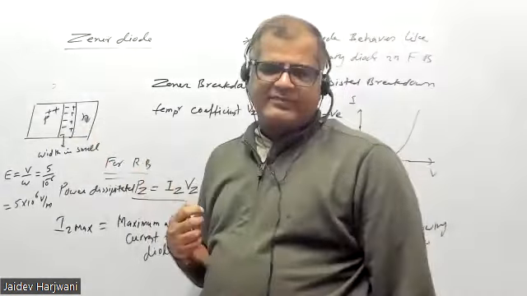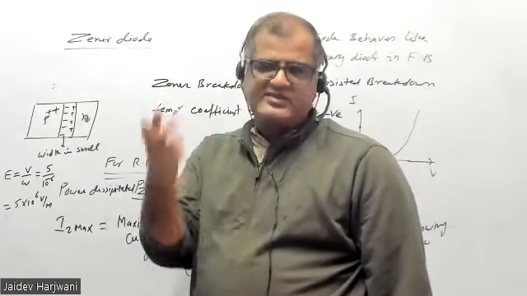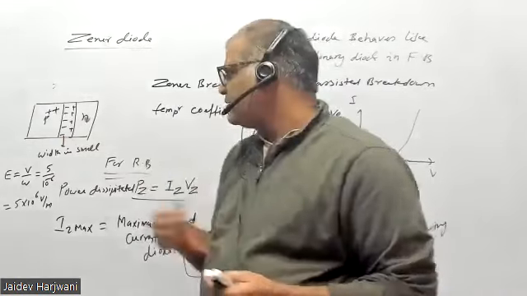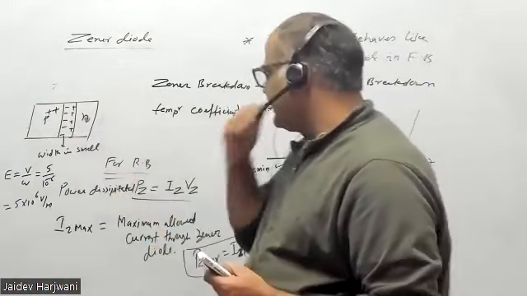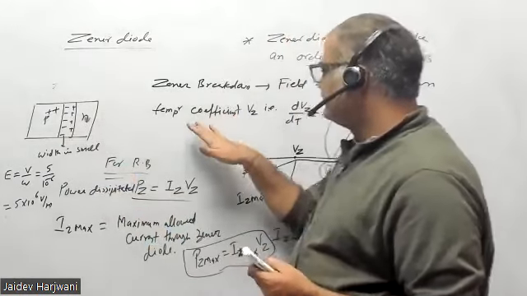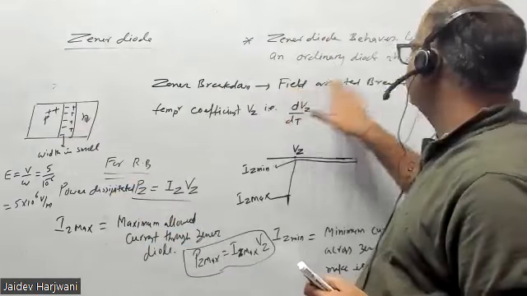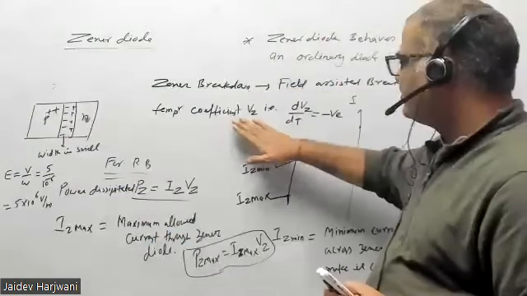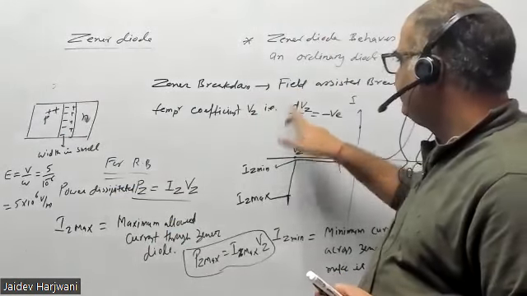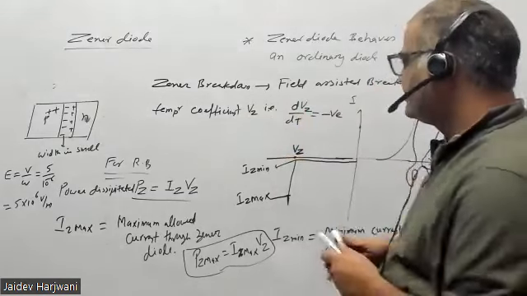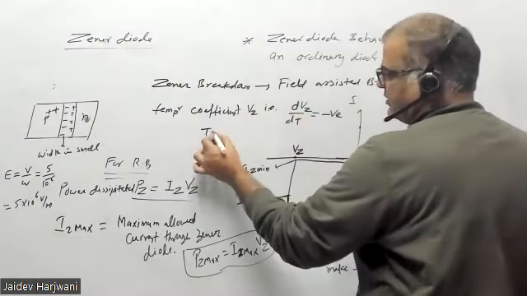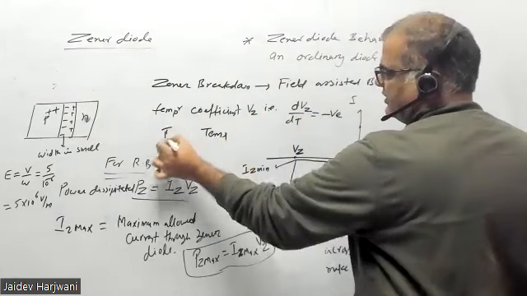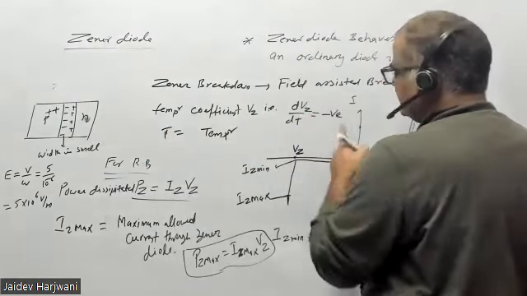So if temperature increases, the cutoff voltage also decreases. You have to remember these two points: this is a field assisted breakdown, and the temperature coefficient of VZ, that is dVZ upon dT, where T is temperature, is negative.